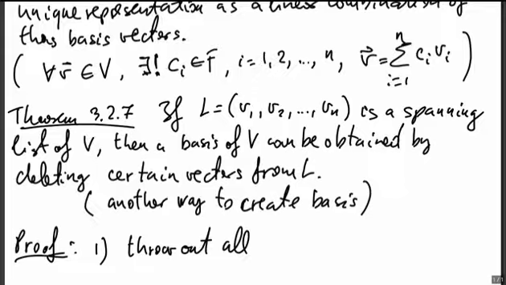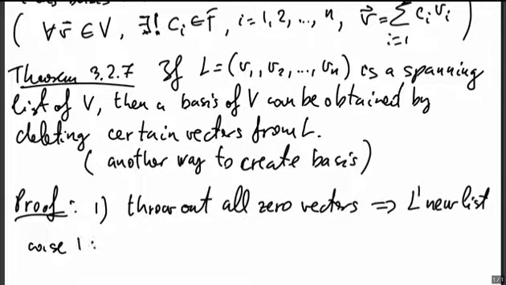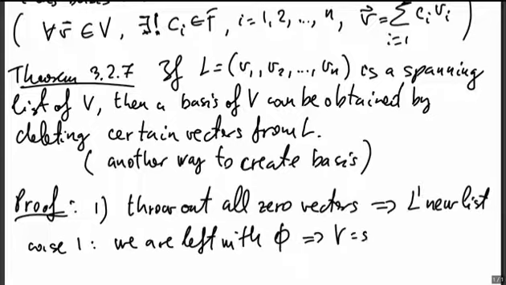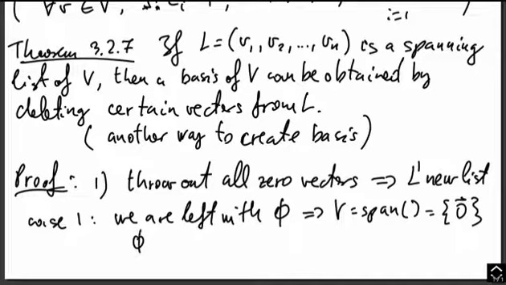So it might have some zero vectors. Throw out all zero vectors. Then we get a new list, L prime. Case 1, we are left with the empty set. Then that means that V is the span of our empty list, and that means that this is just the zero vector itself. And we know that the empty set is a basis in the zero trivial vector space.